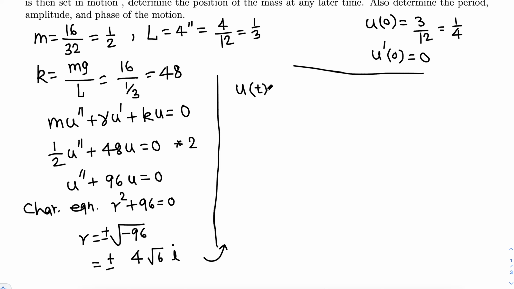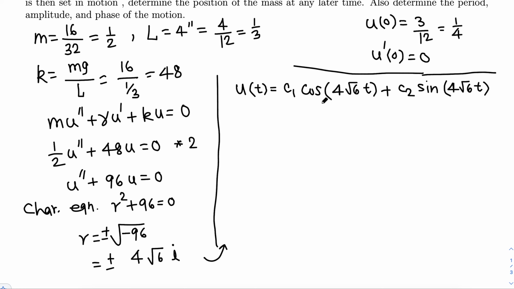u is C1. There is no real part. So when we have pure imaginary roots, then u equals C1 cosine 4 root 6 t plus C2 sine, same thing, 4 root 6 t.